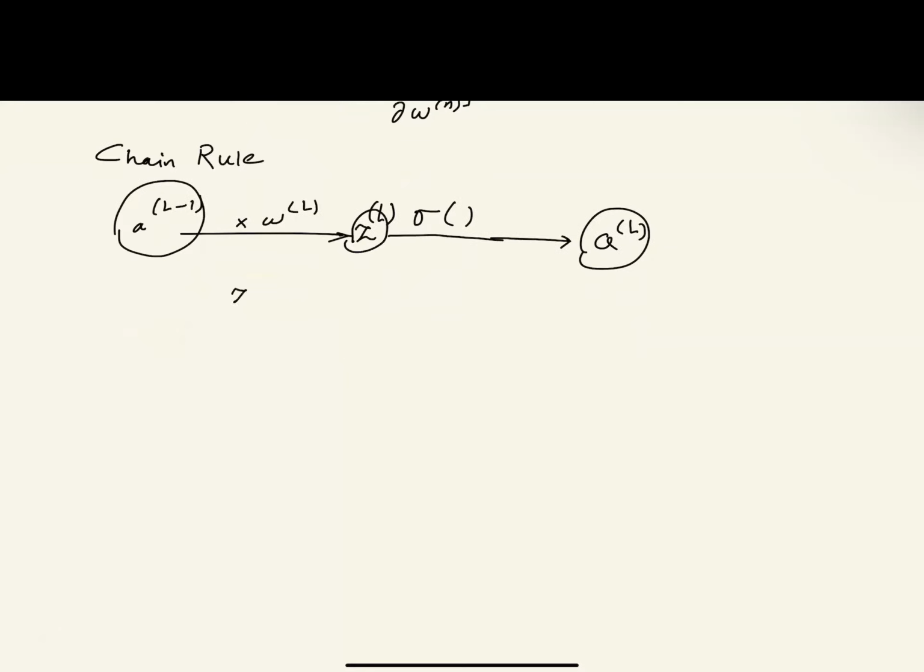If I write it down, Z^L is the value of the previous layer multiplied by the weight, and of course, like I said, the bias term. So the value of my neuron, A^L, is the value of Z^L going through the activation function.